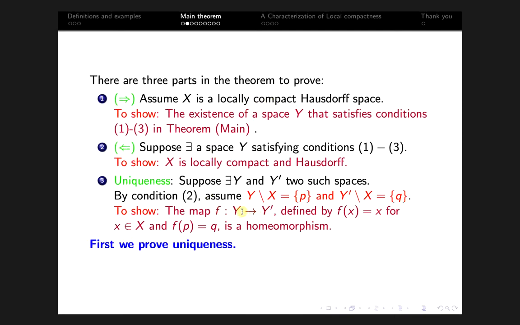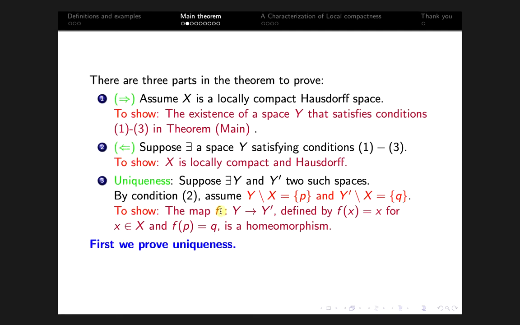Now if you can show that f is an open map, then by a similar argument but interchanging the roles of Y and Y prime, you can see that f inverse is also an open map, and when f is an open map, then f inverse is continuous, and when f inverse is an open map, then f is continuous.